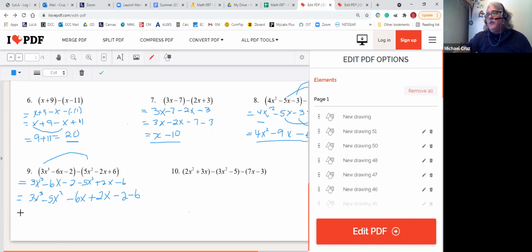This is a square. So no matter what we do, we can't put those together. They're not like terms. Negative 6 and plus 2 is negative 4x. And then negative 2, negative 6 is negative 8. Check it out for me and let me know. See if you see any problems with it.